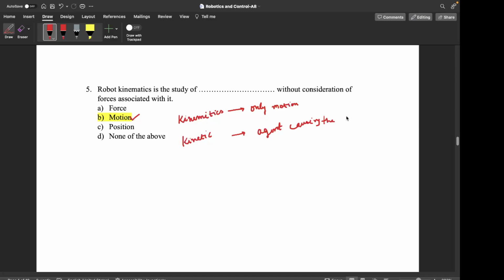We consider that also. So in very crude terms, kinematics is the study of motion, and kinetics is the study of motion plus forces, all kinds of forces. Right.